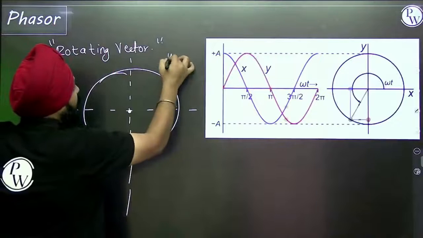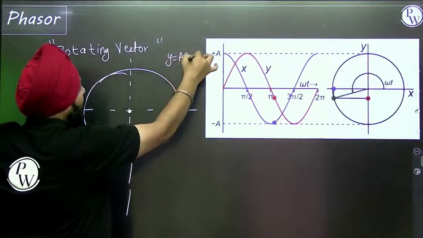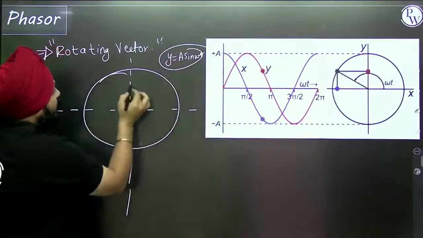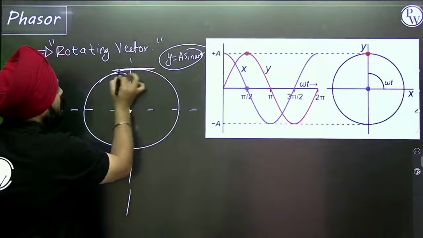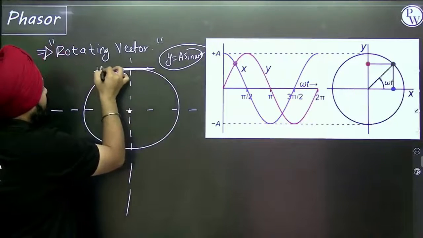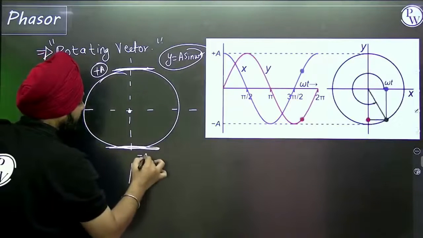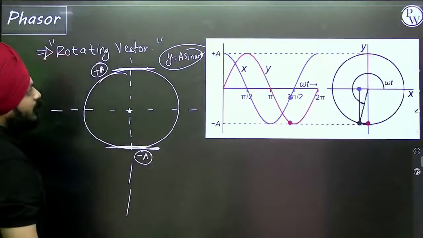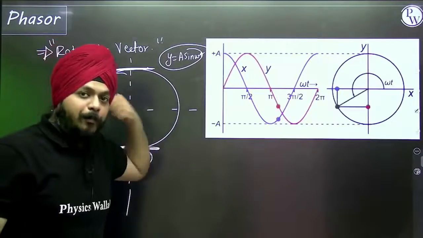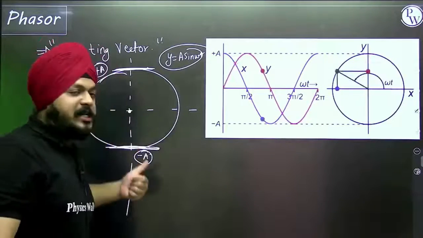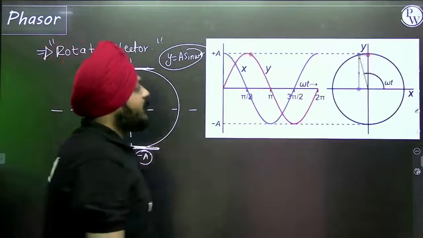For the equation y is equal to a sine of omega t, just note down, this will be plus a, this will be minus a. For a vertical SHM, this is the criteria.